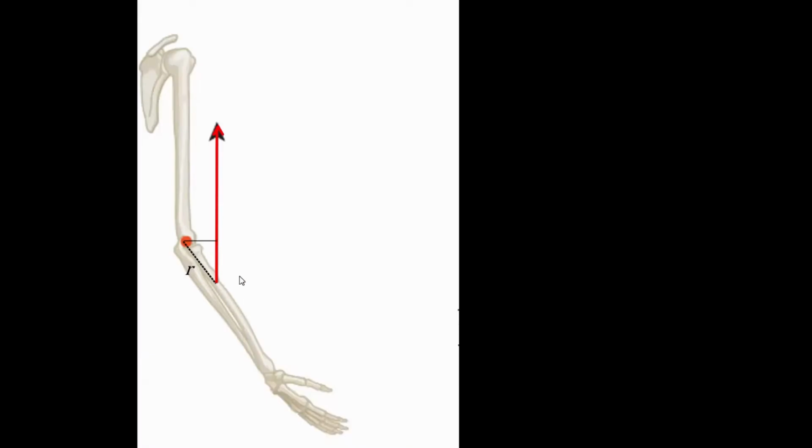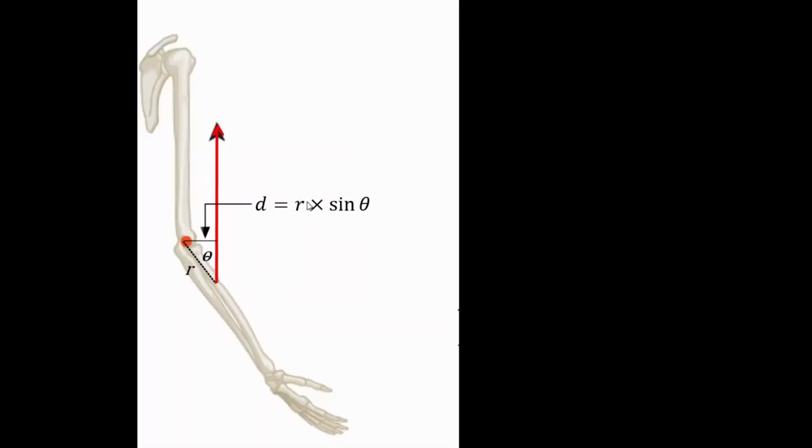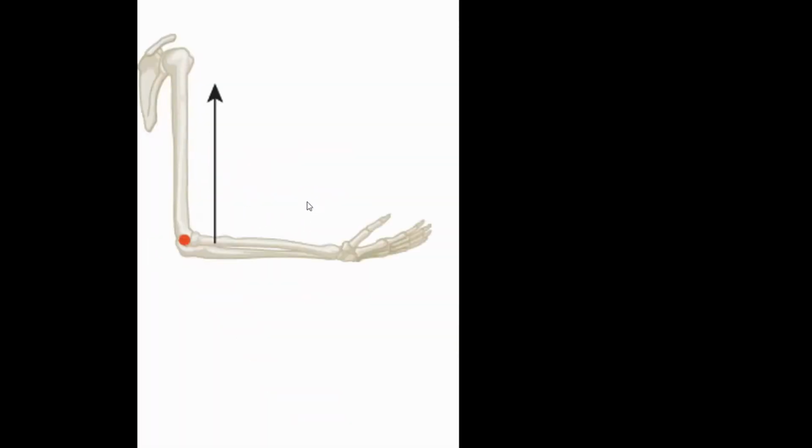Now the component that would rotate the elbow, in this case in flexion, is known as the moment arm, which is calculated off the sine, and you guys know sine is opposite over hypotenuse, and so sine theta, or sine of the angle of flexion in this case, multiplied by R, or the lever arm, gives us the moment arm. And at 90 degrees, we know that sine 90 is 1, and so therefore the moment arm is actually equal to the lever arm at this angle.